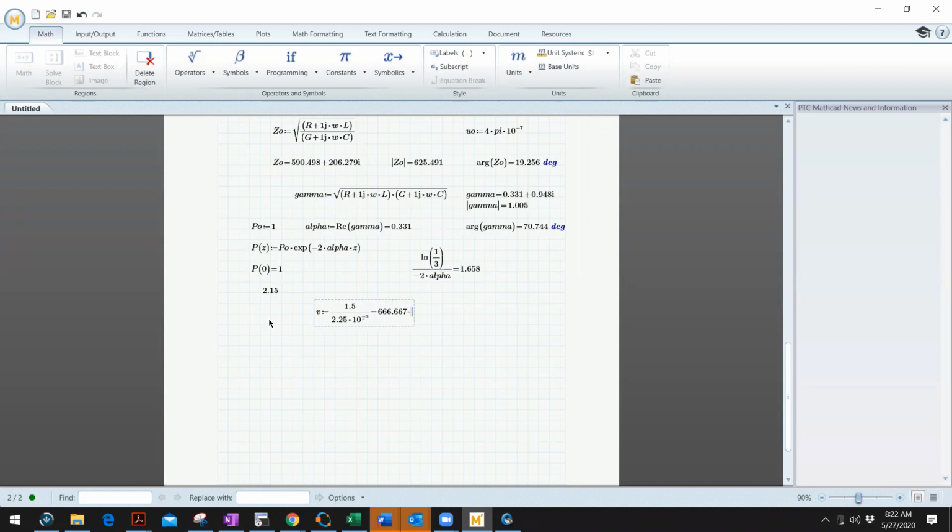And that means it's 666. I'm wondering if that should be microseconds or something like that. I think it was nanoseconds. Oh, is it nano? I'm sorry.